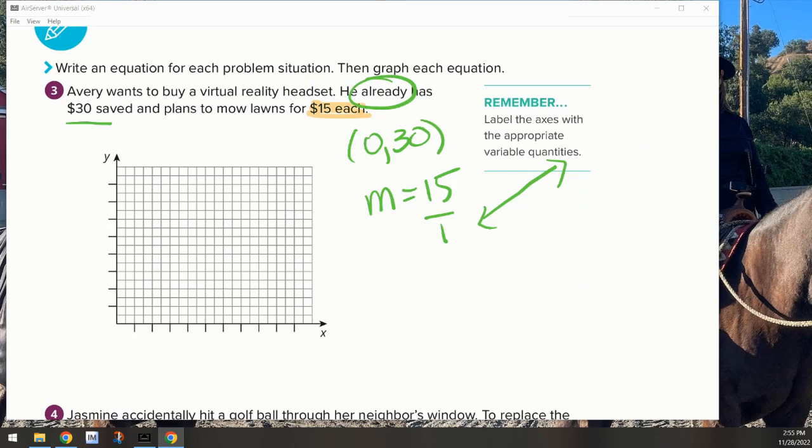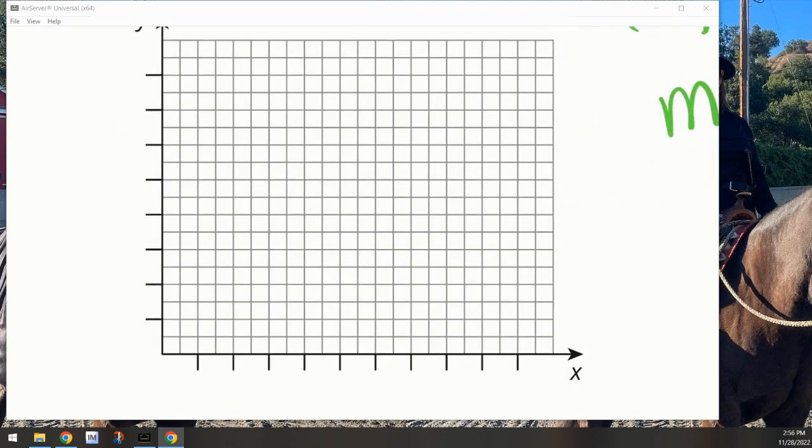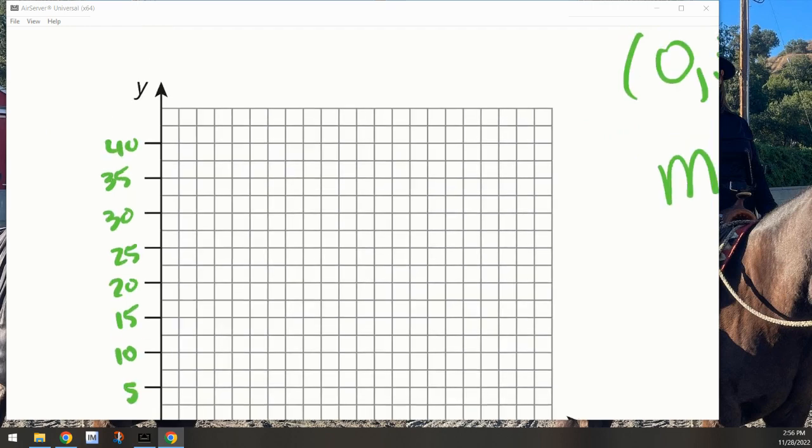Okay, so now we have to decide what are we going up by. So it needs to have at least a 15 and a 30 in it. So I'm going to say we're going to go up by 5s. So 5, 10, 15, 20, 25, 30, 35, 40, 45.